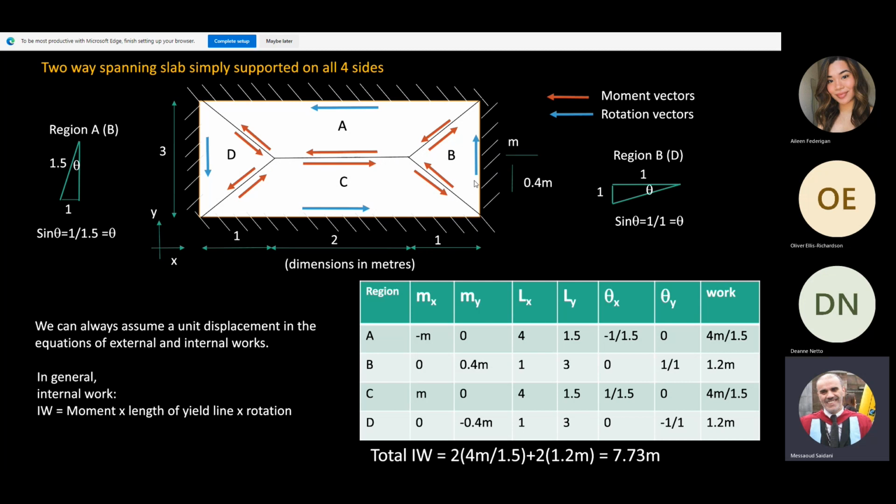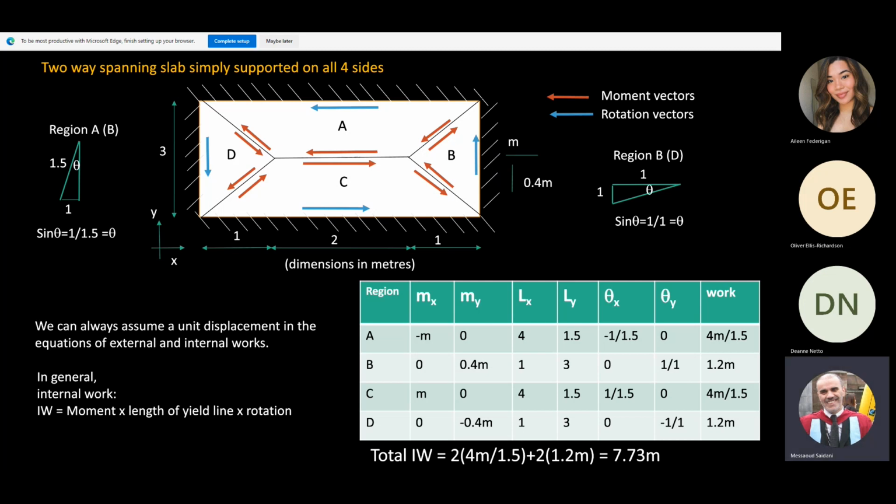starts at 1 meter from this side, and similarly on the left, the yield line starts at 1 meter from this side here. Again, that's given. I'm going to show you next week how to find this optimum distance. But for this example, the dimensions are given to us, and the yield line pattern is given to us. Okay.